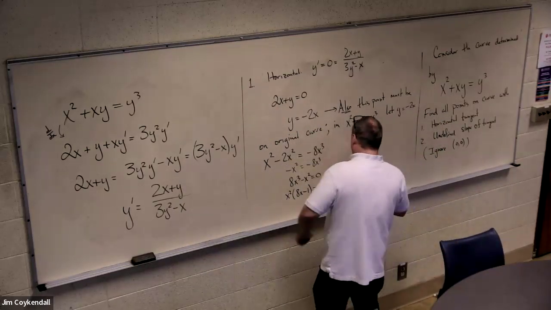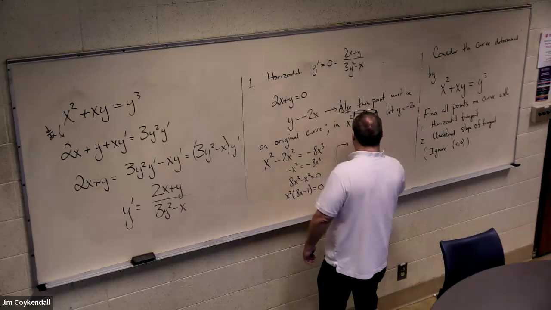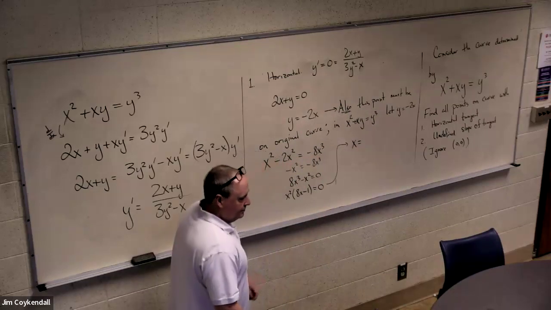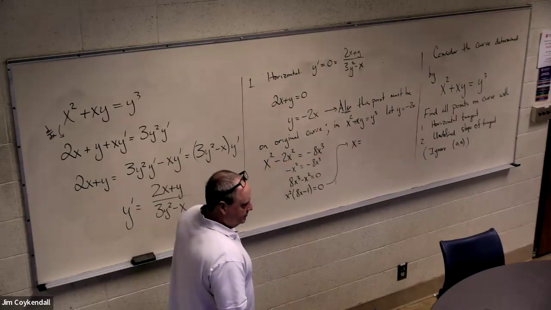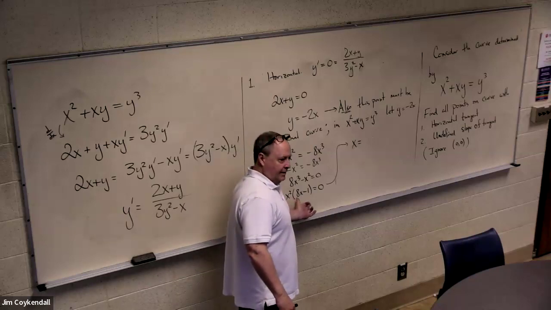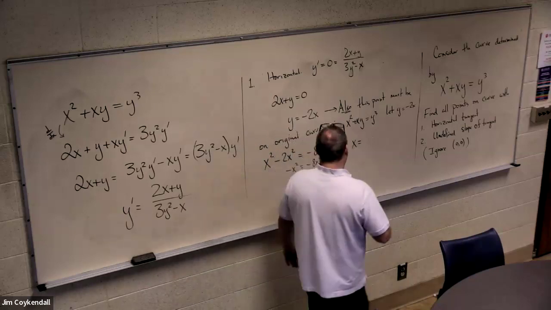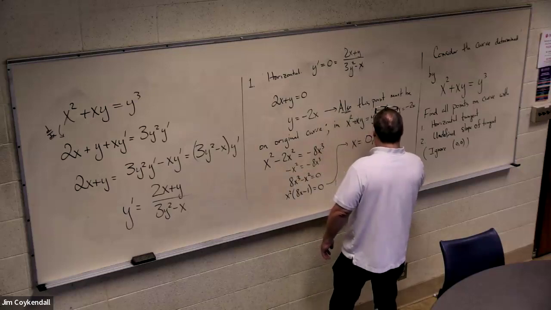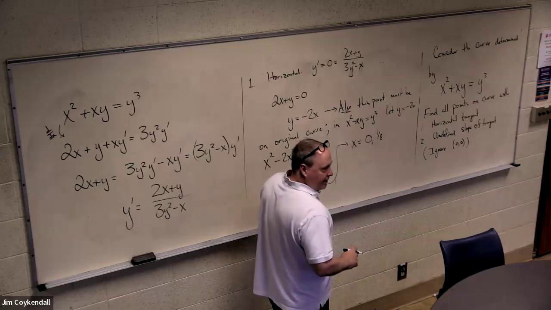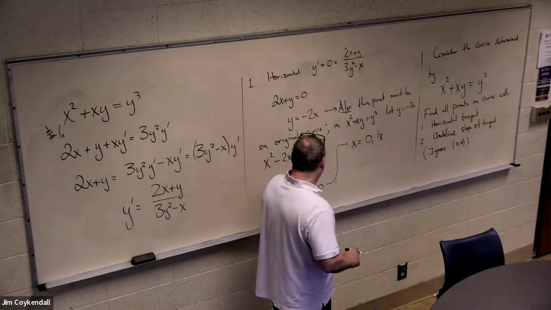So what solutions do I get? What are the solutions to this equation? 1/8 making that 0, and 0.